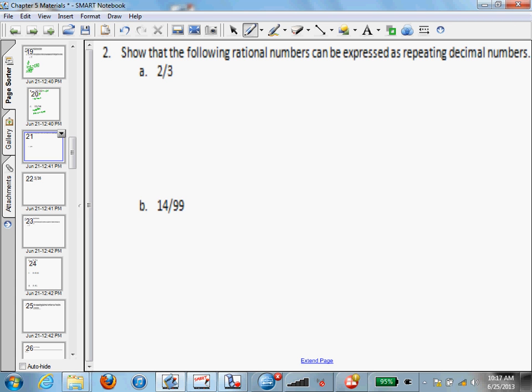If you use a calculator or use long division, you can acquire the same answers: using the calculator approach of 2 divided by 3, you're going to yield something that looks like 0.6. And this little bar on top tells you that 6 will keep repeating forever.